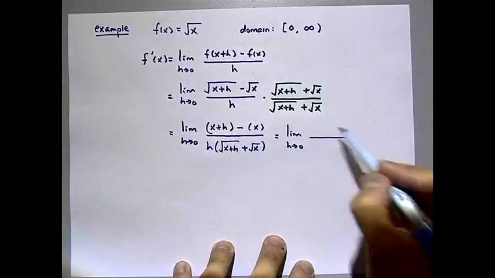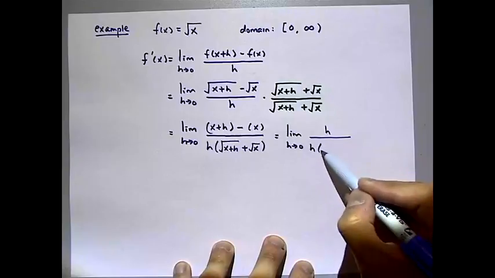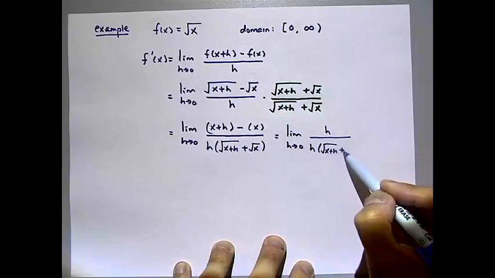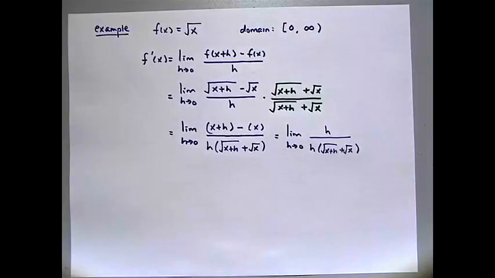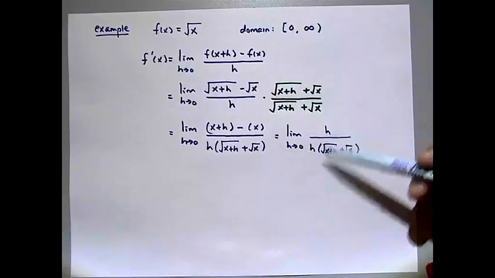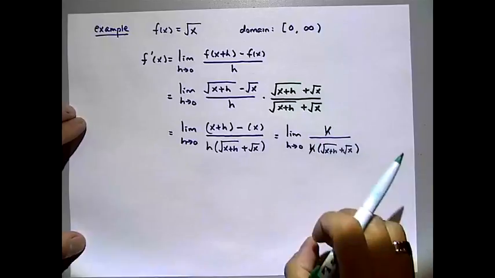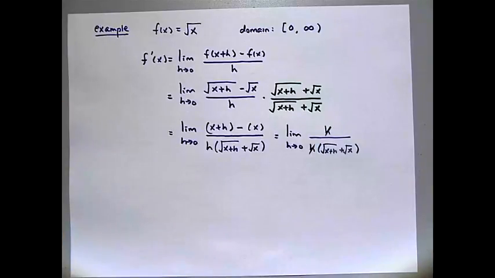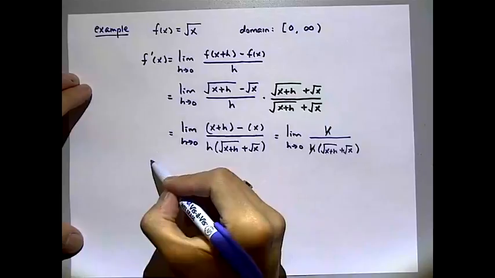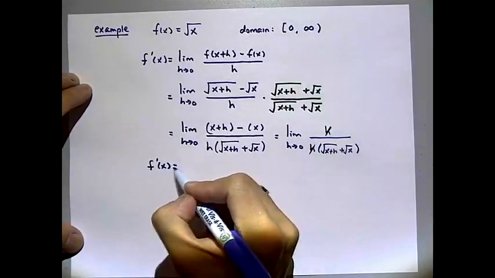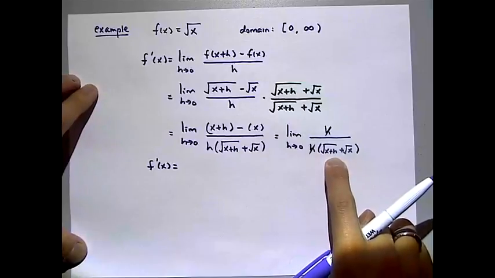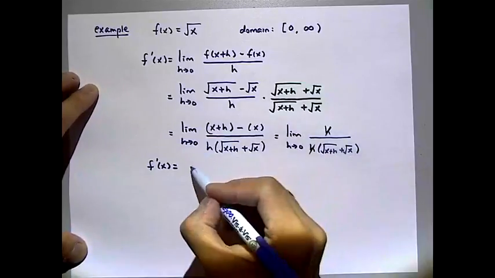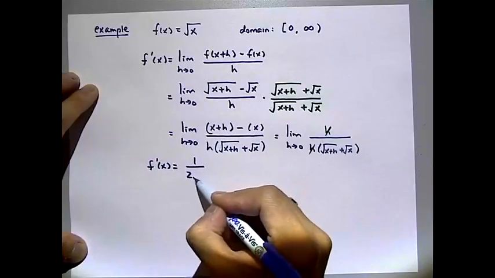Top is h. Downstairs has an h times something else. When h goes to 0, as long as h is not exactly equal to 0, these can be canceled, and we will. And finally, when h goes so close to 0, this is approximately radical x. Radical x plus radical x is 2 radical x in the denominator.